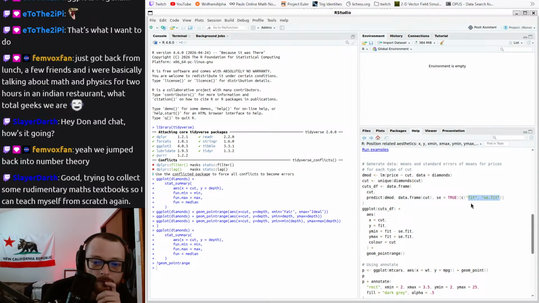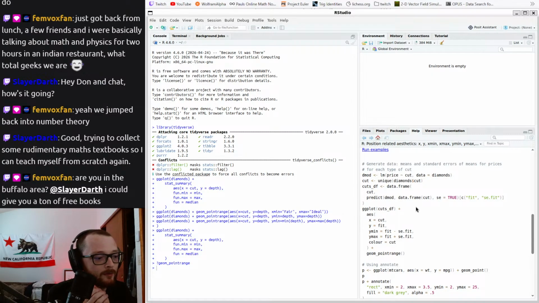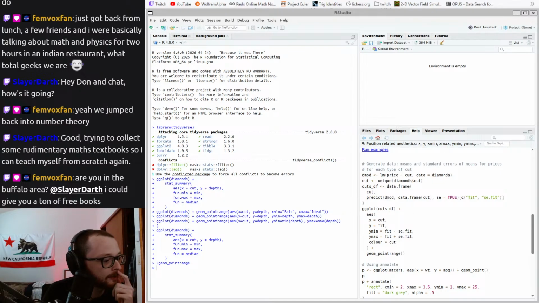Yeah, it is. Trying to find some rudimentary math textbooks you can teach yourself from scratch again. Ooh, cool, cool. Yeah, my default recommendation for that is OpenStax. It sounds like you have your own thing going on, but if you want something that has all the basic stuff.